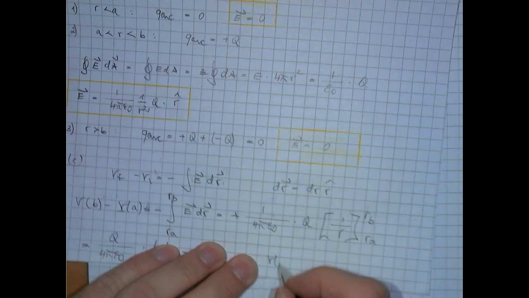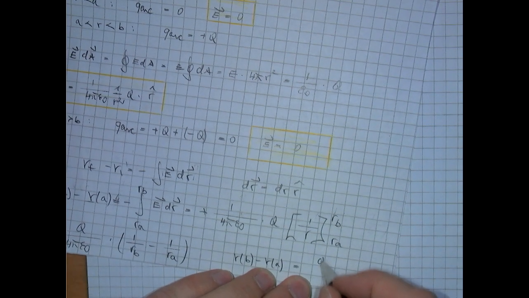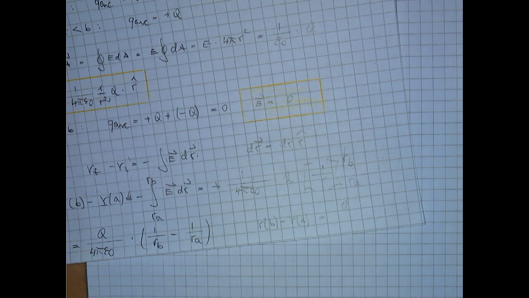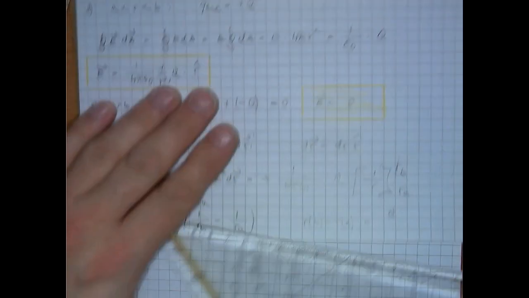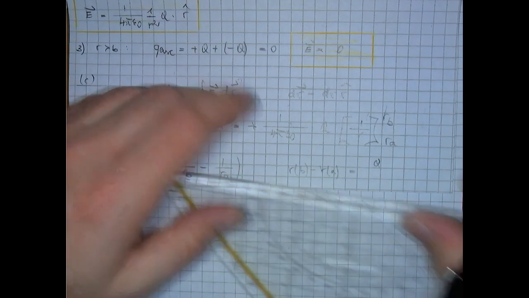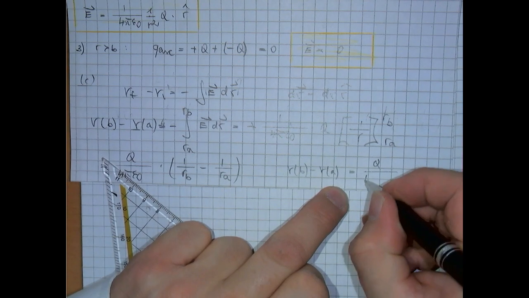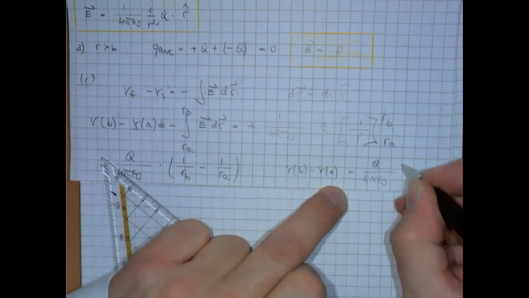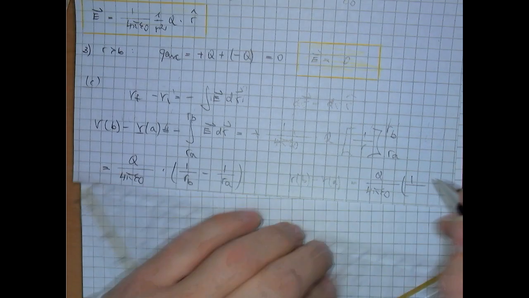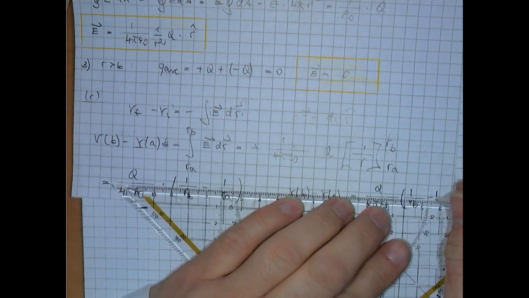So V_B minus V_A equals Q over 4 pi epsilon naught times 1 over r_B minus 1 over r_A.